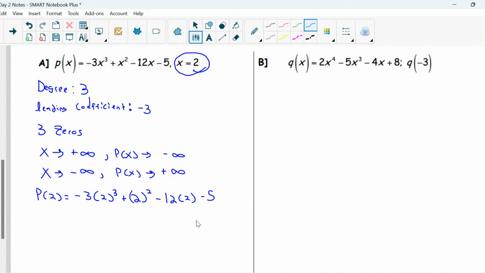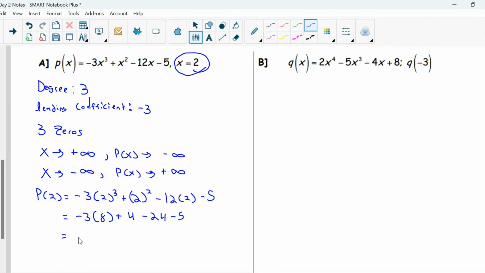So this is just our substitution step, and now we're solving. Remember all of your exponent rules here. So I've got -3 times 2 cubed, which is just 8, plus 2 squared, which is 4, minus 12 times 2, which is 24, minus 5.